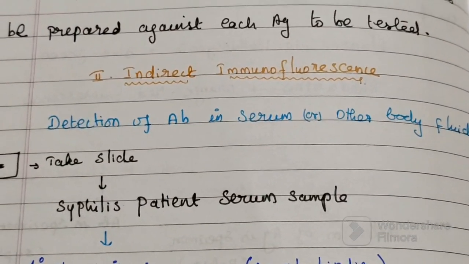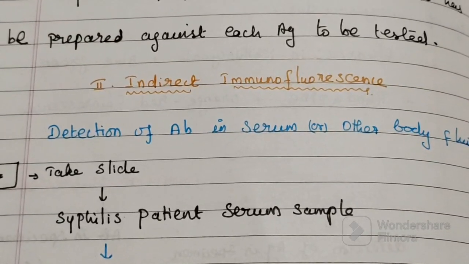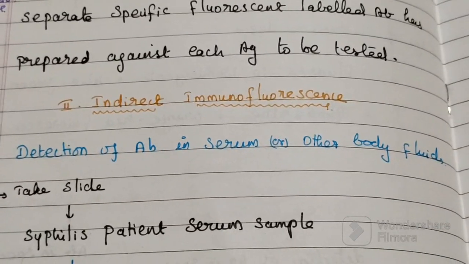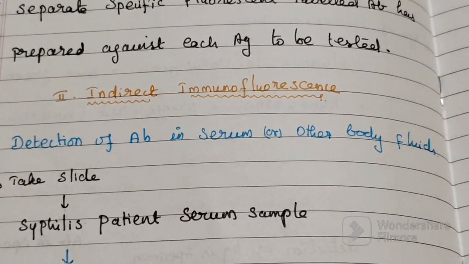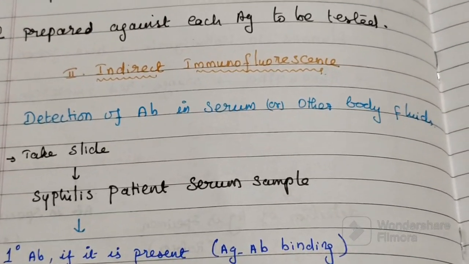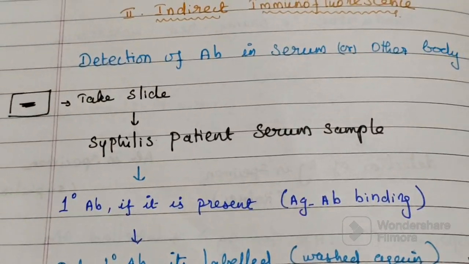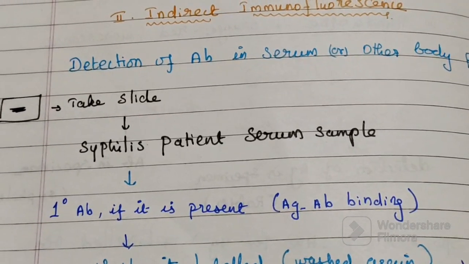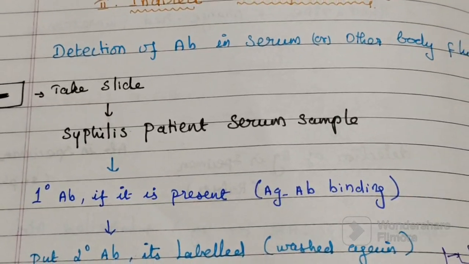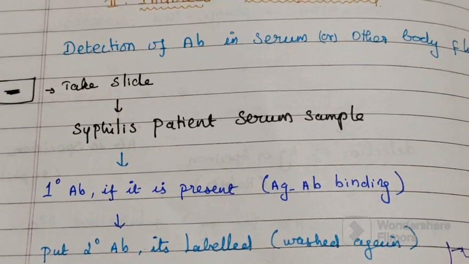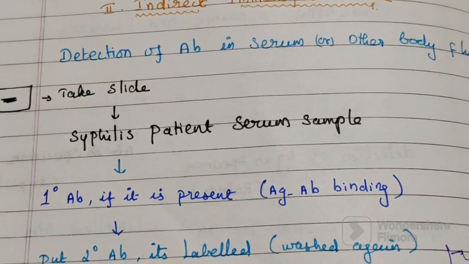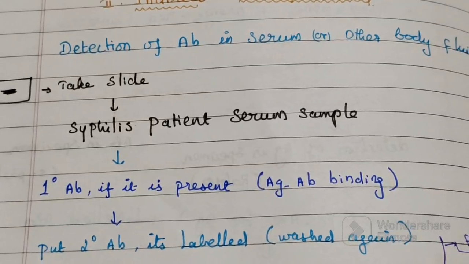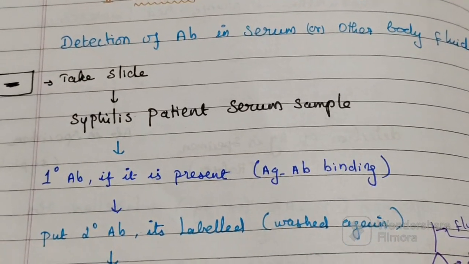Coming to the second type, the indirect fluorescent technique is employed for detection of antibody in serum or other body fluid. Here we take a slide and apply the patient's blood sample, for example a syphilis patient's blood sample. If antibodies are present, they bind with the antigen. The third thing is an antibody against antibody, which we label.